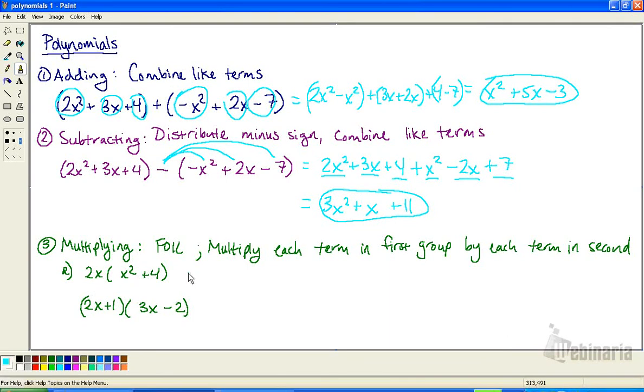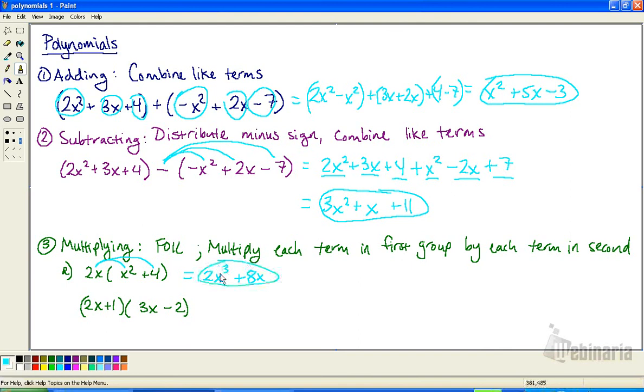And this is just distributing. We distribute the 2x to the x squared. Remember, that means I add the exponents, so I get 2x to the third. And we distribute it to the 4, and that gives me 8x. So a monomial multiplied by anything can just be thought of as distributing.